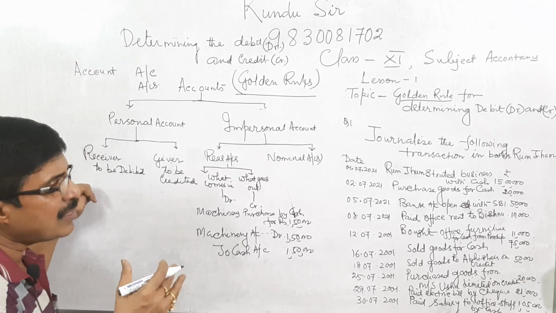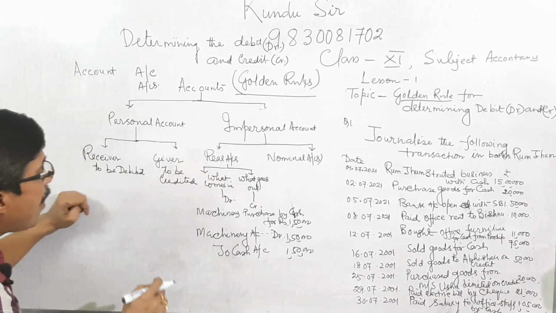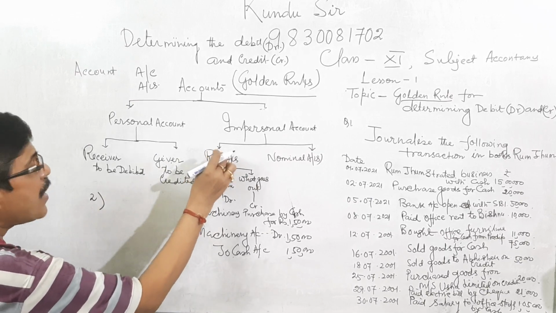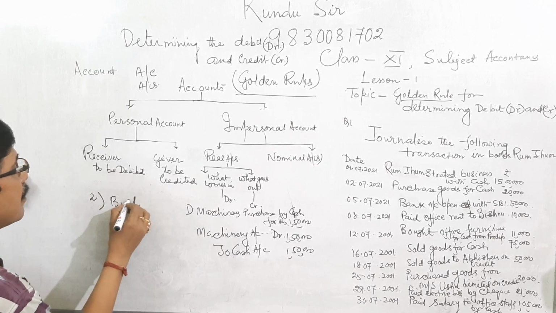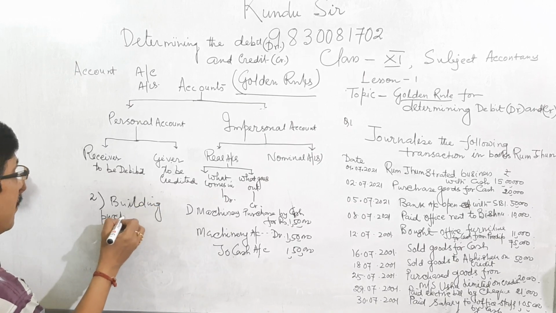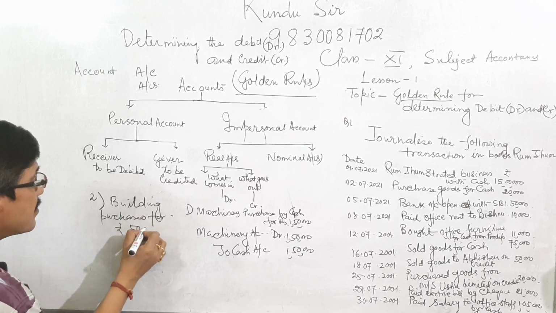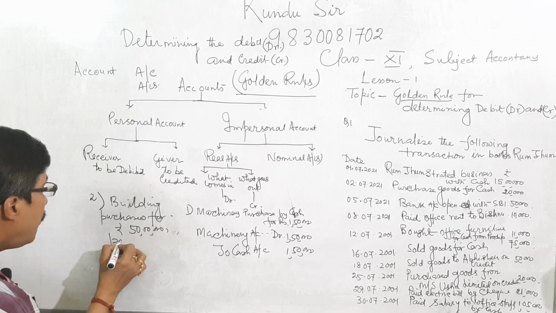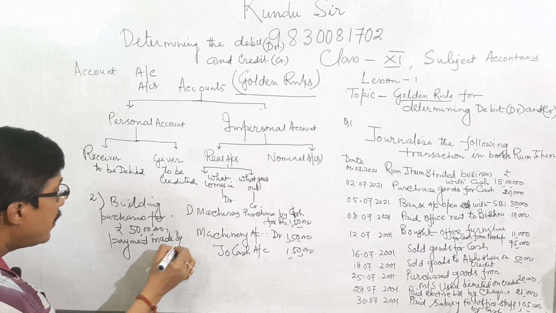Second example, we are purchasing a building for the business. So we are getting building. Explaining the real account, office building purchased for rupees 50 lakhs, payment made by cheque.